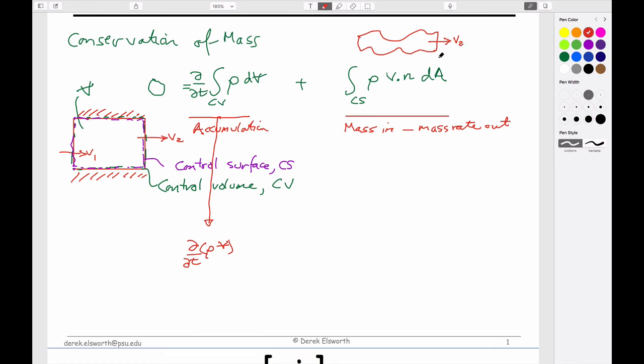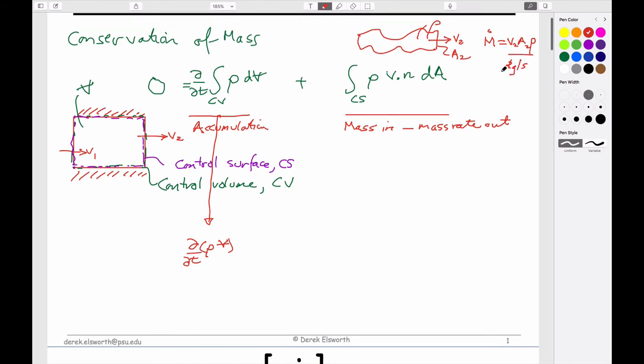Velocity 2, area 2, and fluid of density rho. Then the mass flow rate out is equal to the velocity times the area times the density. Velocity times area is length over time times length squared, length cubed over time. And length cubed over time times kilograms per length cubed is kilograms per second. So the units have to be kilograms per second. So it's a mass rate.